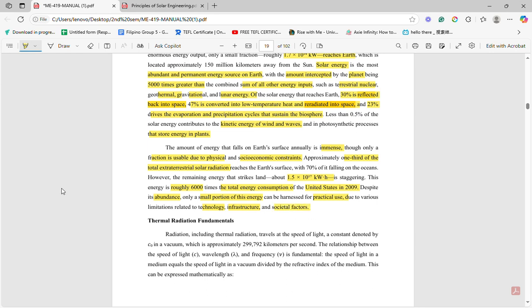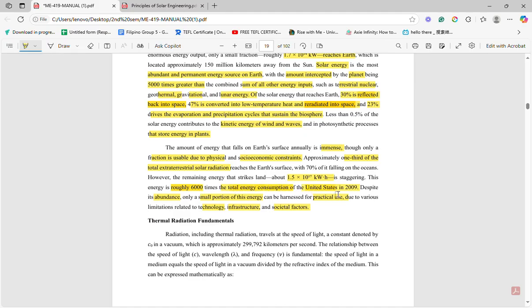So, here it was discussed that even though there is a lot of energy reflected back to space, the energy that falls on Earth's surface is still immense. It means it is so high that it could provide roughly 6,000 times the total energy consumption of the US.